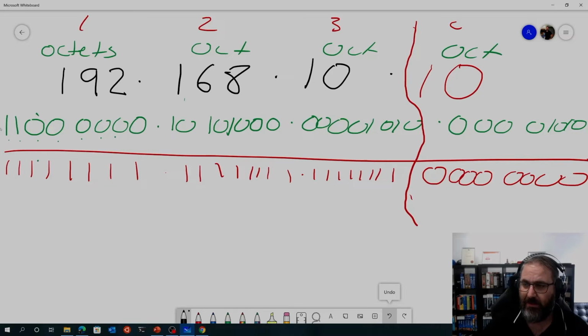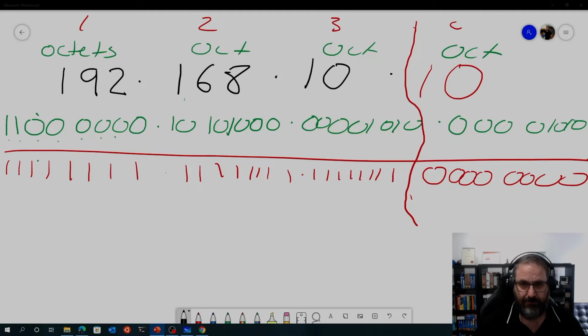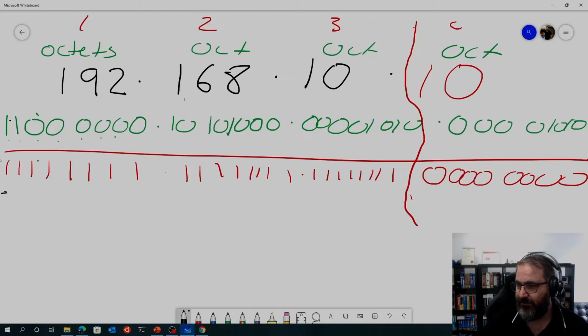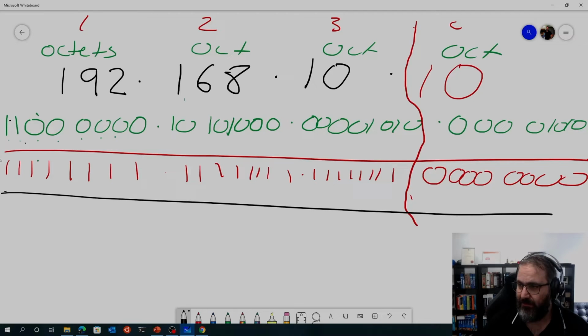Now, here are the rules for ANDing. When I add a 1 to a 1, what do I get?